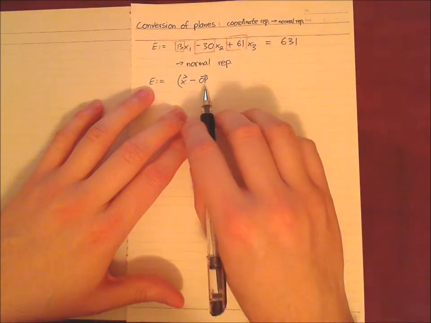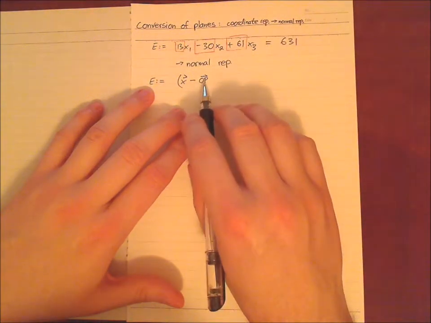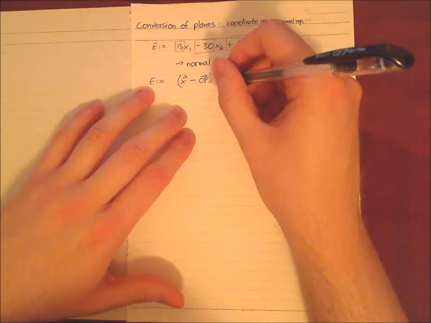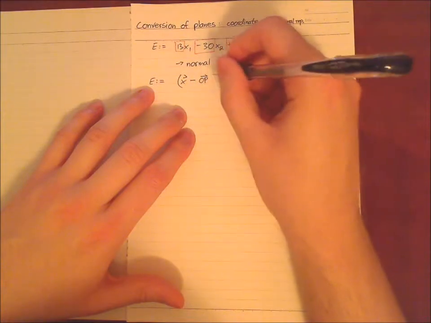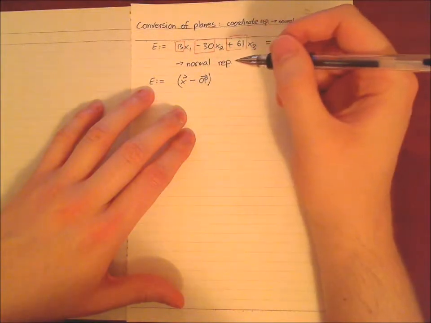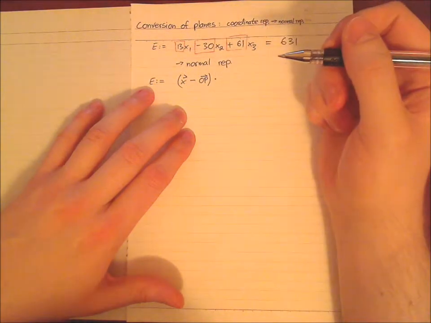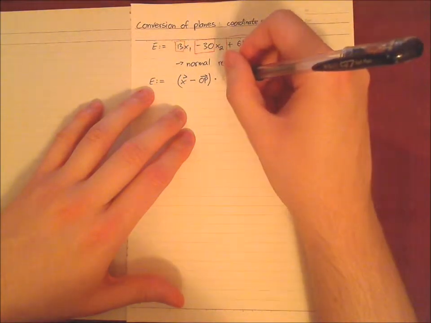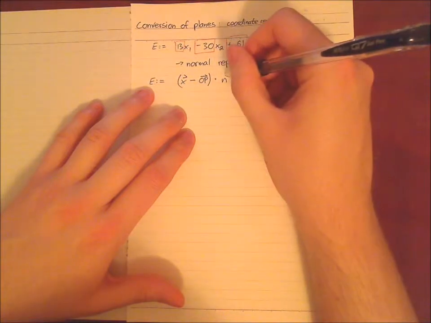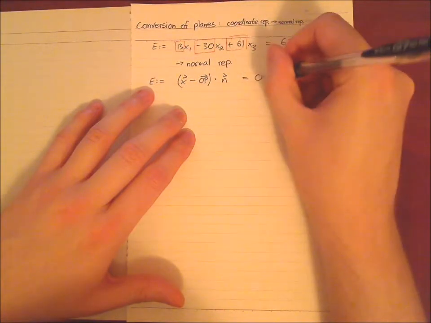However you want to call it, you can also call it maybe a small p vector, whatever. You just have to know what it is, or maybe also tell your professor or teacher so that he or she knows in the exam what you mean. But basically it looks like this.